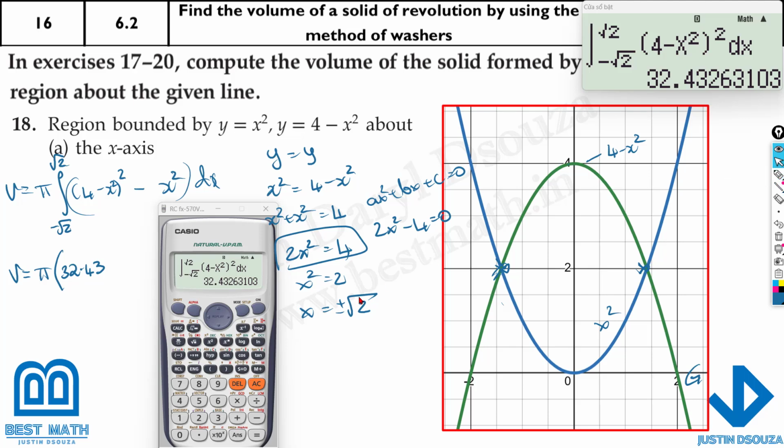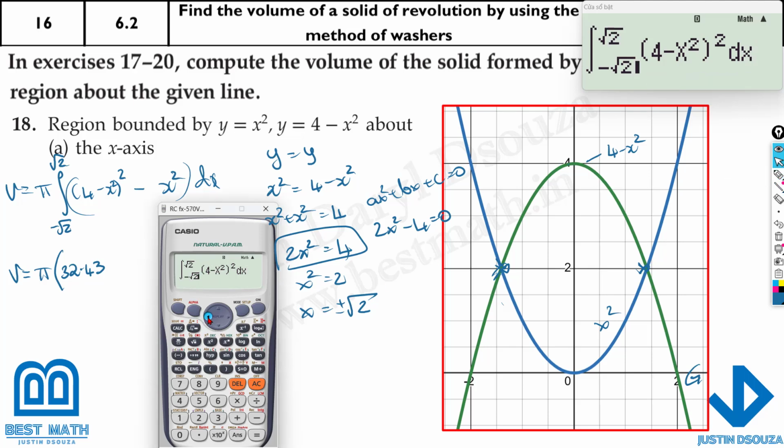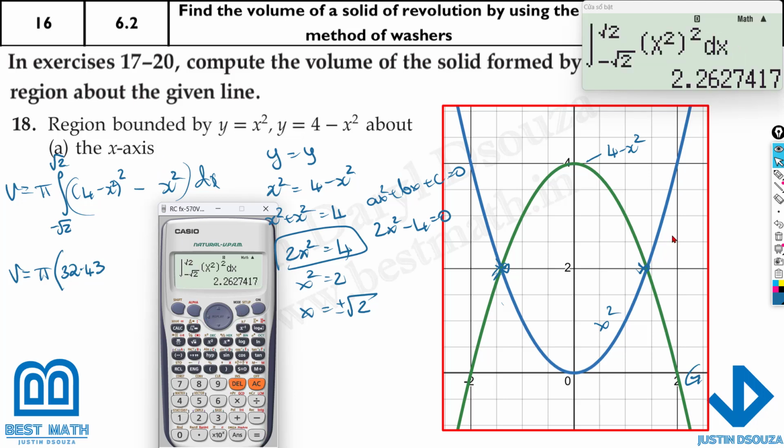And then I'll just change this one. I'm just going to remove the 4 because the second part is x squared. So that is 2.26. In your exam, please take 4 decimal points. I've not taken that here, so I'm just going to stick to 2 decimal points.